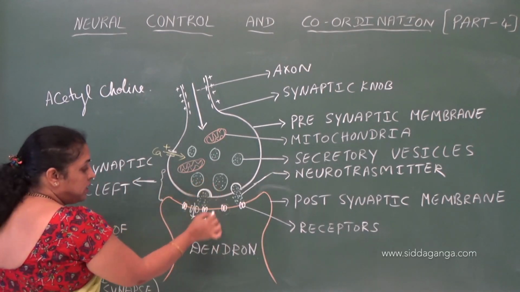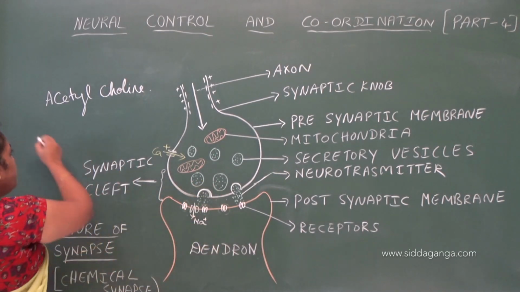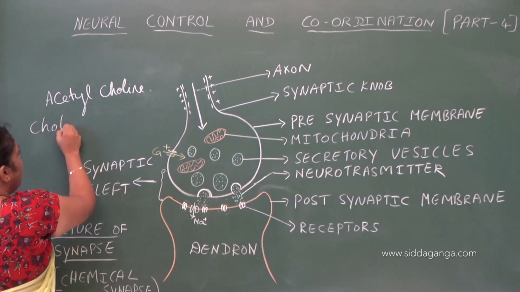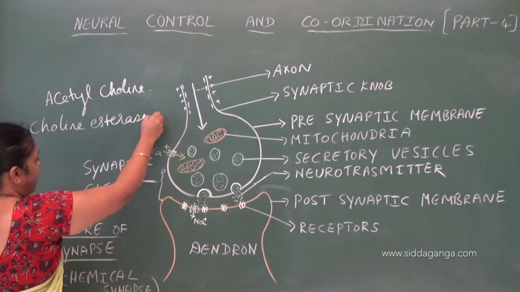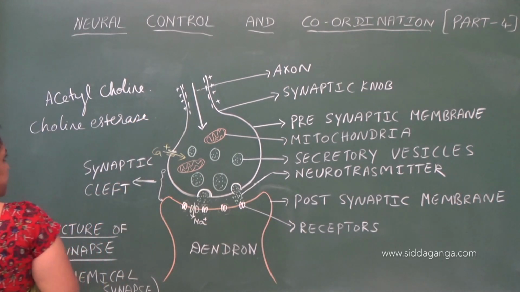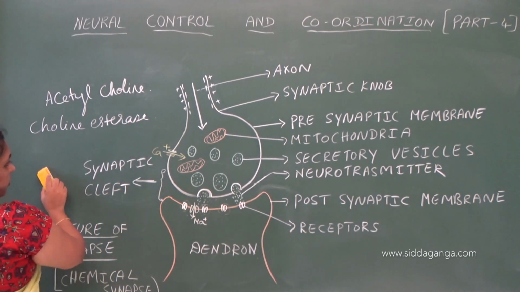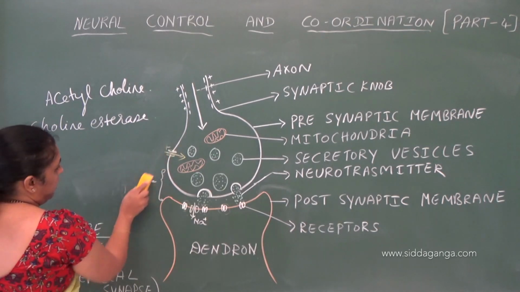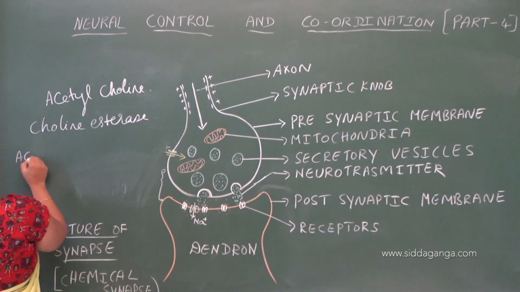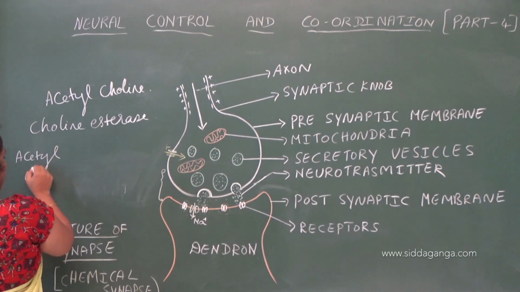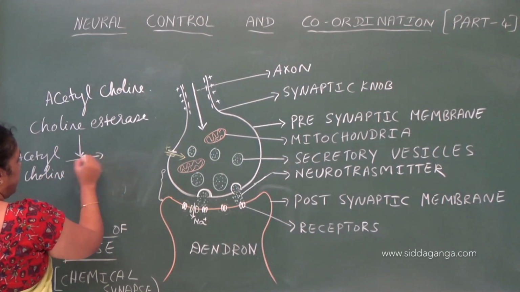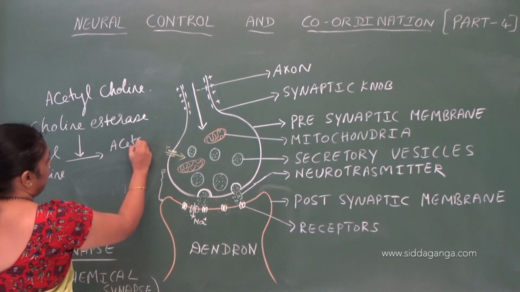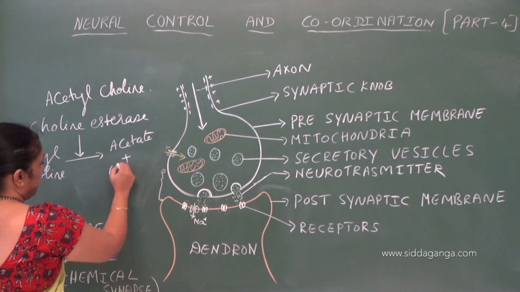Once the impulse is transported to the dendron, we see the enzyme choline esterase that acts on acetylcholine and splits it into acetate plus choline.